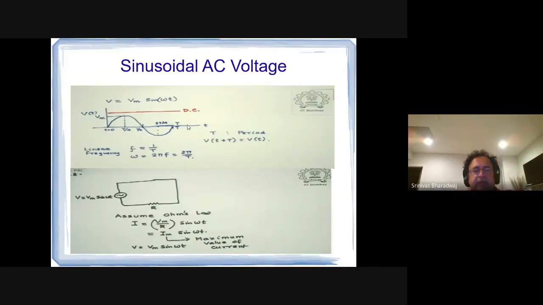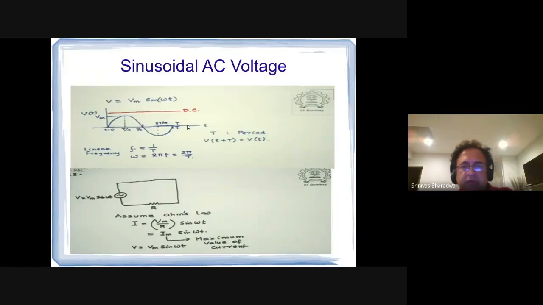Okay, so now you put a resistor in that circuit, like a bulb. When you put something like a bulb, what it does is it sucks some current and converts it to light, some of it to heat, right? And therefore it pretty much behaves like some kind of a resistor.